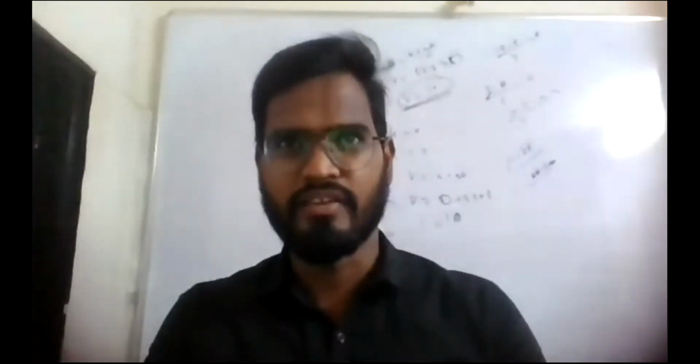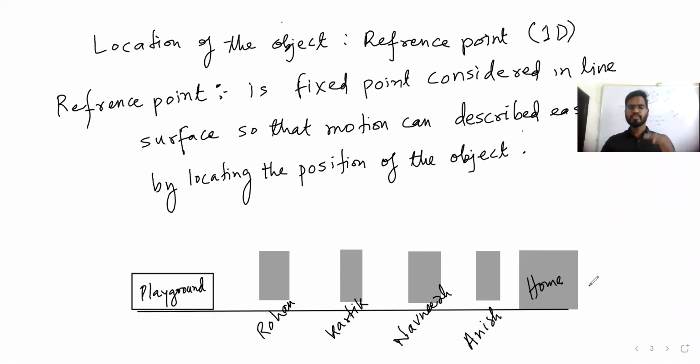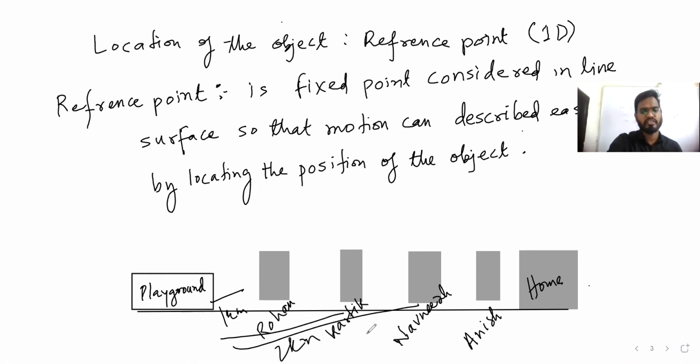Reference point we can also say is from where. One more example: suppose a playground is there. Rohan is 1 kilometer away from the playground on the right side, Karthik is 2 kilometer away, and Navneesh is 3 kilometer away from the playground towards the left.